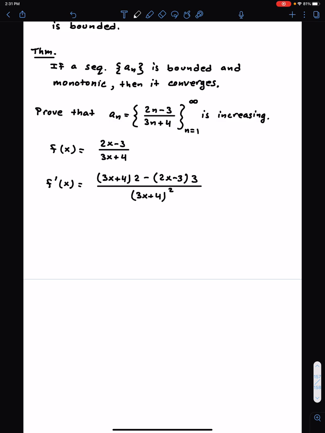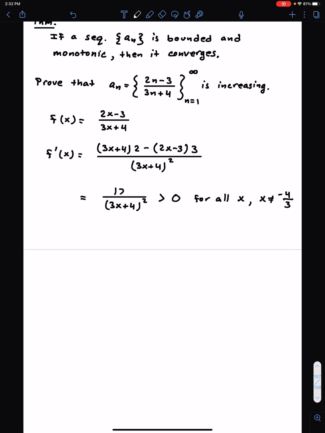If I simplify this, this is equal to 17 divided by 3x plus 4 squared. So this is always positive for all x, provided that x cannot equal negative 4/3. So the first derivative is always positive.